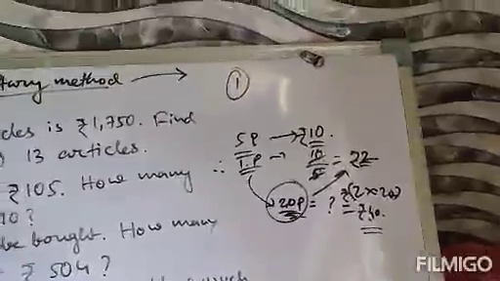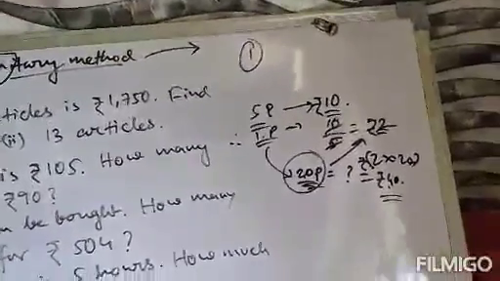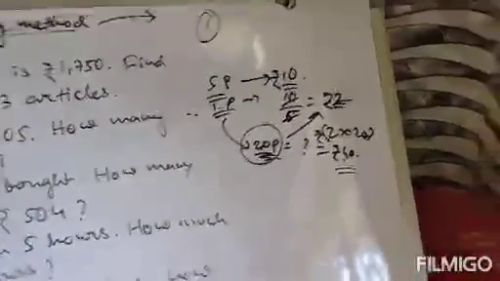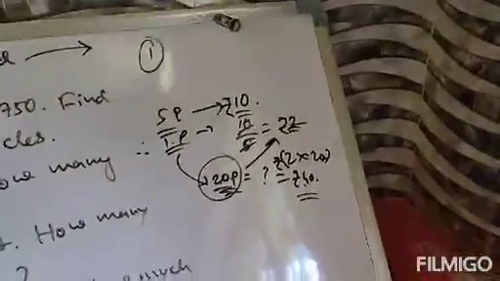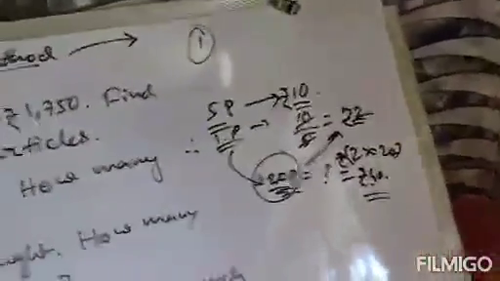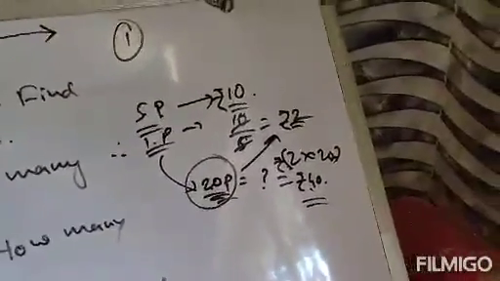So increase leads to multiply, and decrease leads to divide. Clear? First we calculate the value of a single unit, then we calculate the value of the required quantity. That is the unitary method.